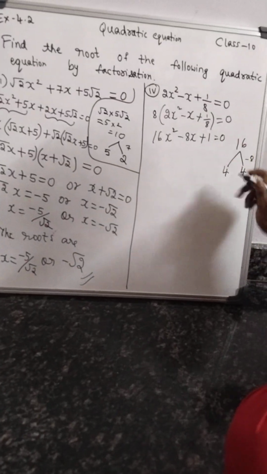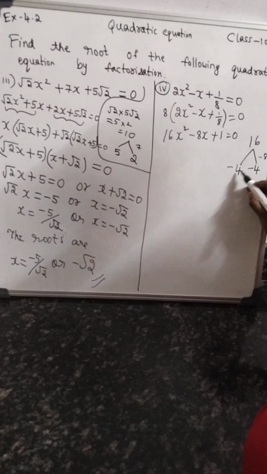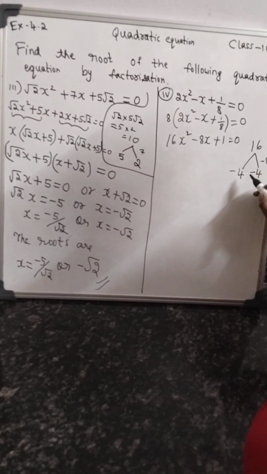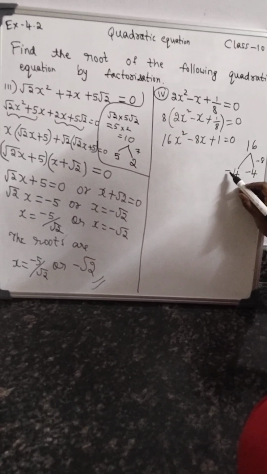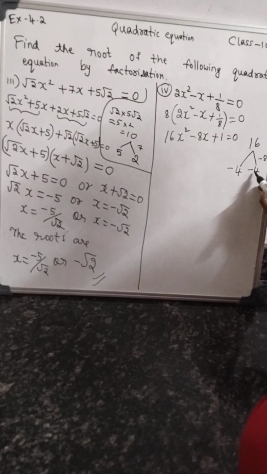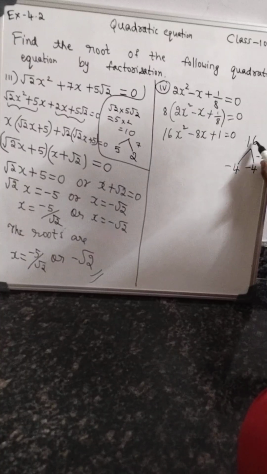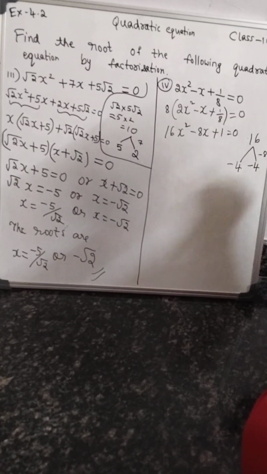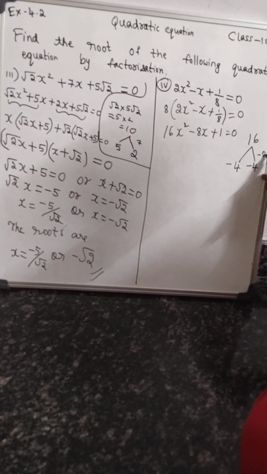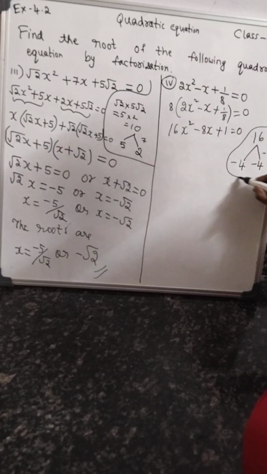So we got plus 16 here, but we need minus 8. That's why I am going to add minus to both 4s, so that minus into minus is plus. 4 4s are 16. Minus into minus is plus, so we have to add. When we add, we will get 8, and the greater number's sign is minus. So all the conditions are satisfied.